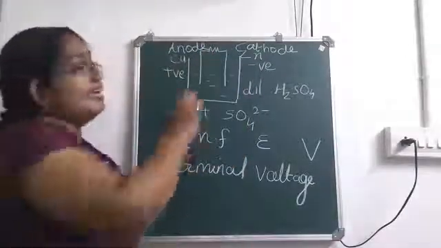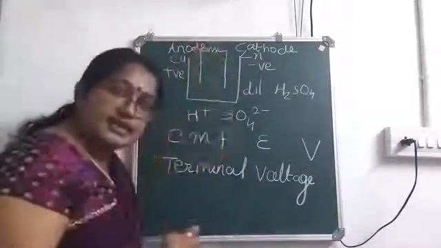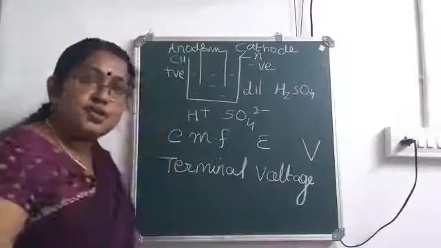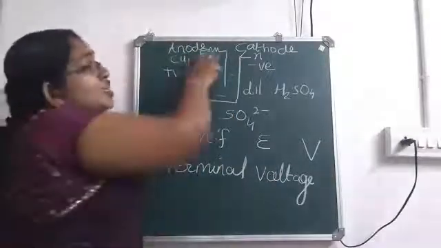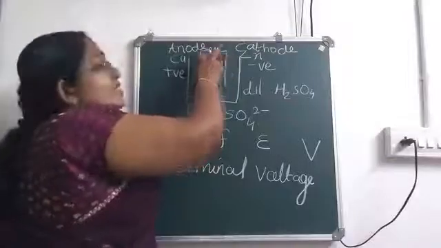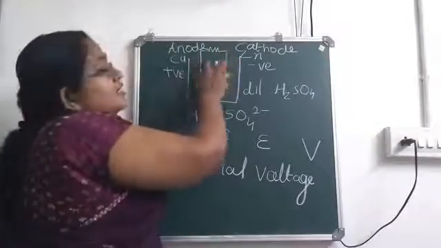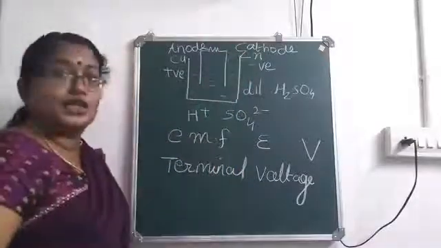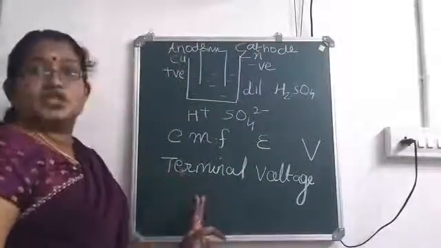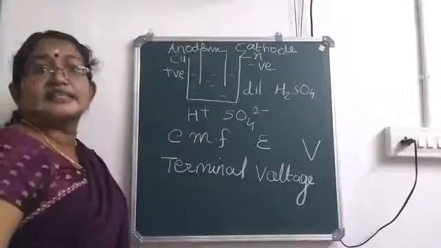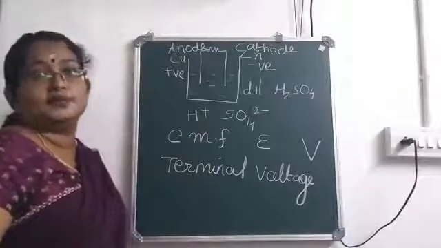That is, if the external circuit is there, when current flows through the circuit, the potential difference between the terminals across the outer part. Okay, here we will be considering only the external circuit. So that potential difference can be called as terminal voltage.